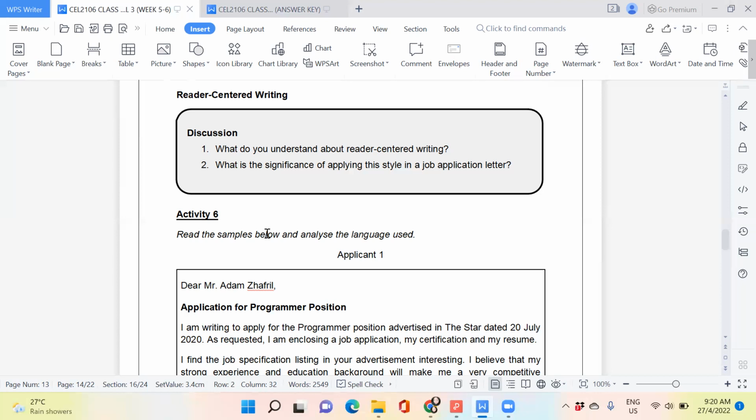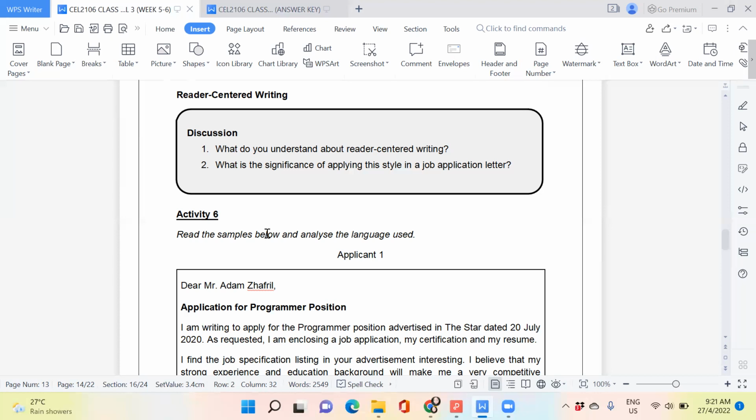Okay, why is it important? Because you have to make sure that your job application letter is understood well by the hiring committee. So when you use reader-centered writing instead of author-centered writing, you are telling the readers in a way that they can understand better.